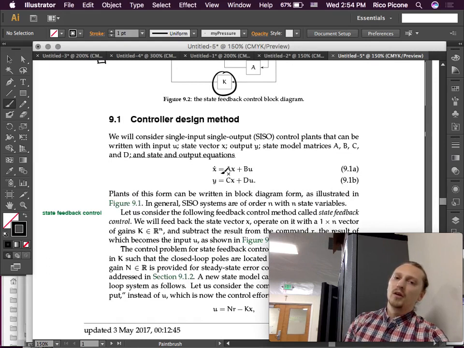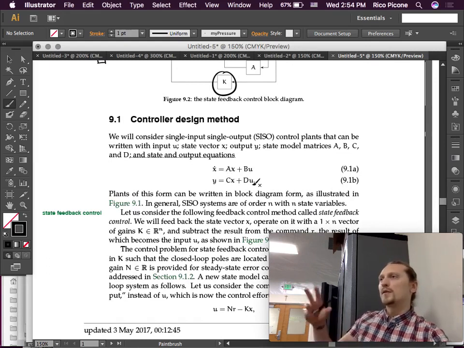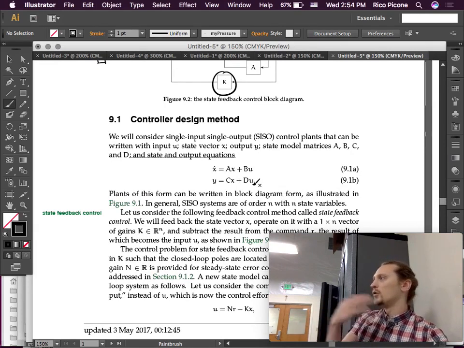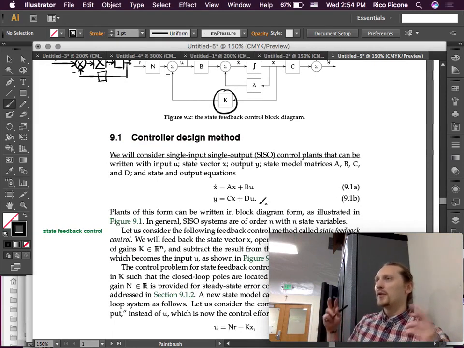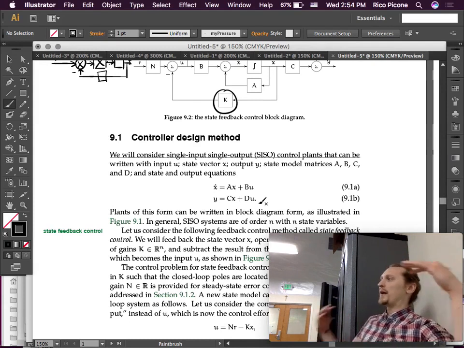What we're looking for now is the dynamics of the closed loop system. So we have a new model to consider. The input to our plant is no longer our input to the system. Our input to the system now is our command. We pull it back a level.